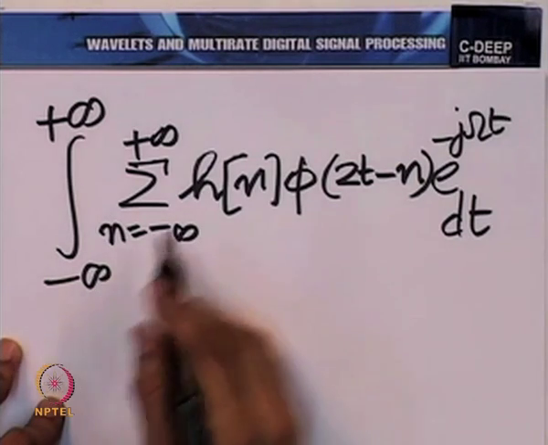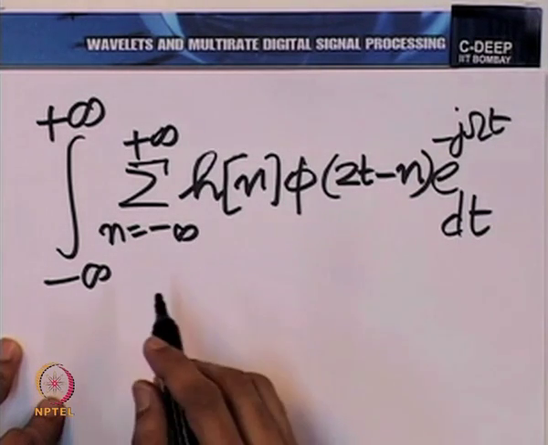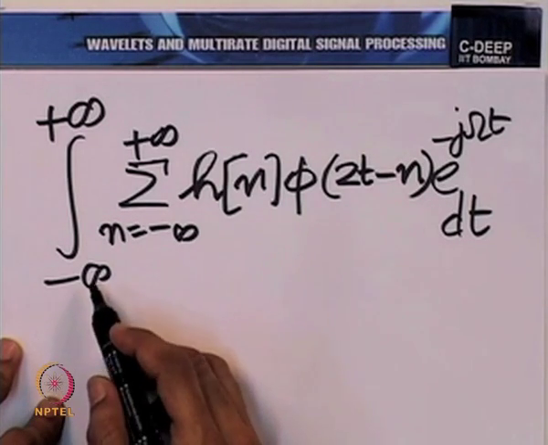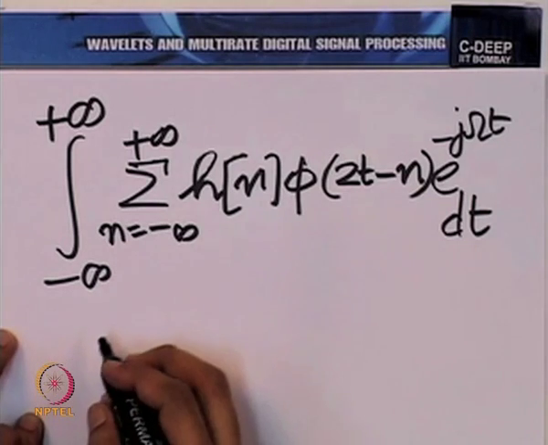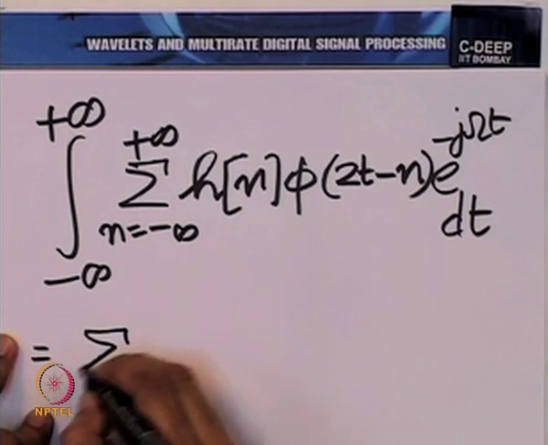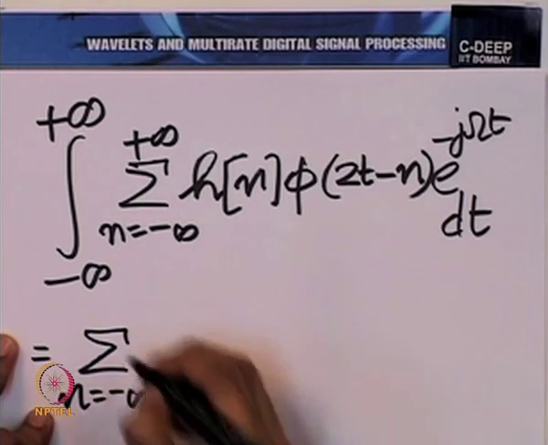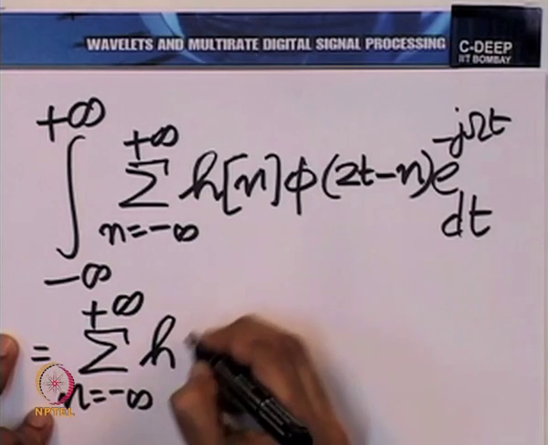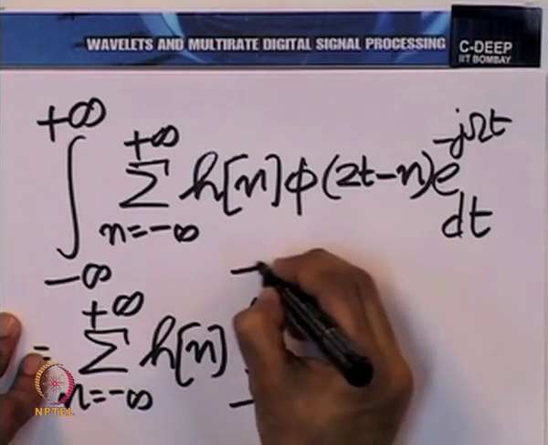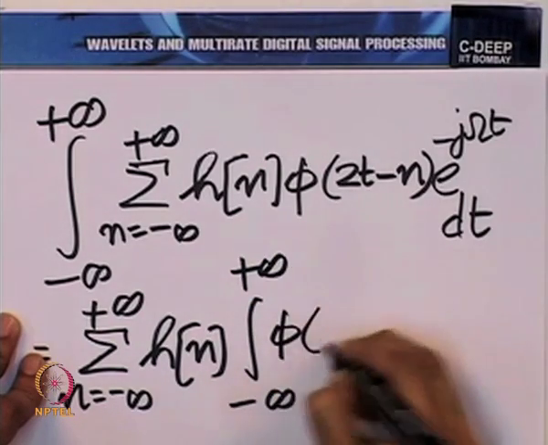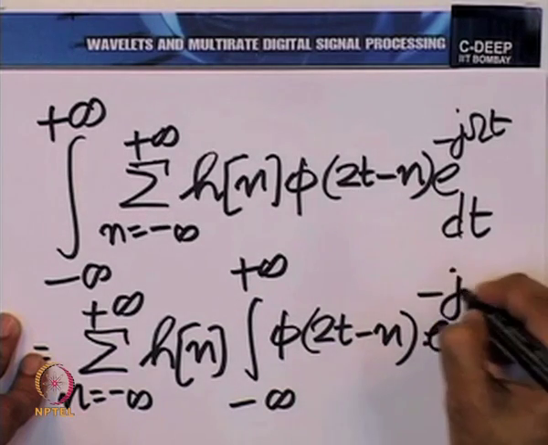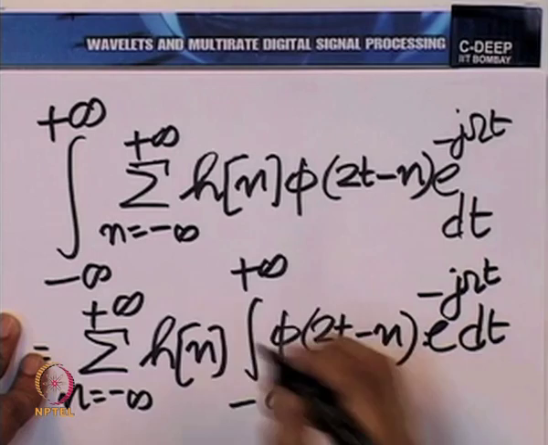Now, you see if this converges, which it does because it is the Fourier transform of phi(t), we could interchange the order of summation and integration. So, we would have this is equal to summation n going from minus to plus infinity h[n] integral from minus to plus infinity phi(2t minus n) e raised to the power minus j omega t dt.